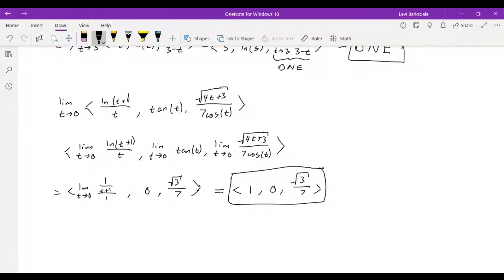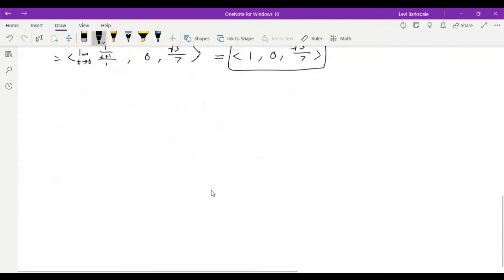All right. So we'll move on from limits of vector-valued functions and start talking about when a vector-valued function is defined.